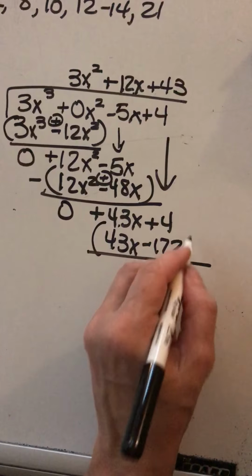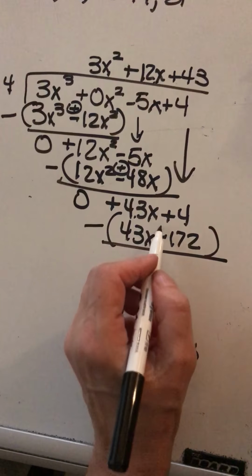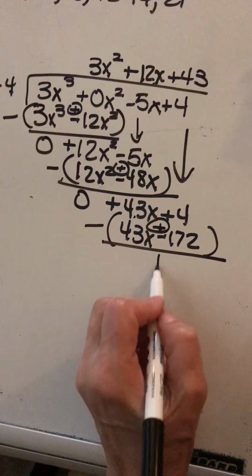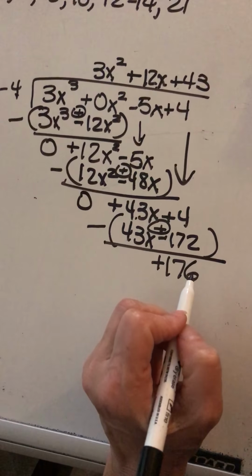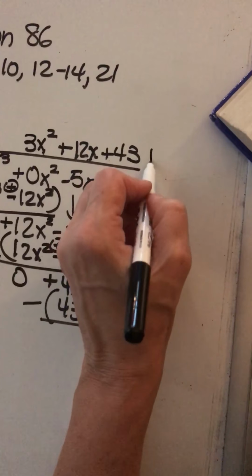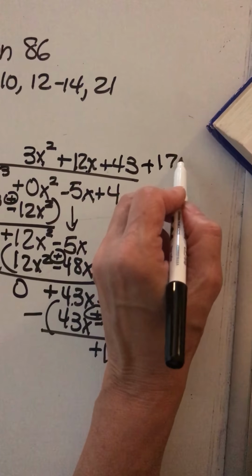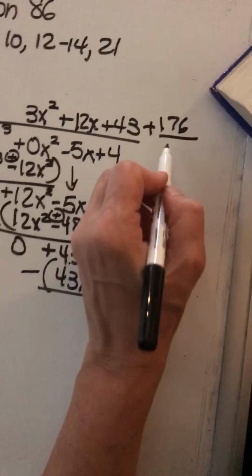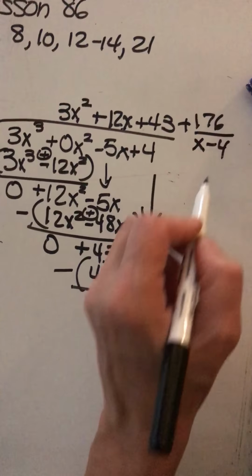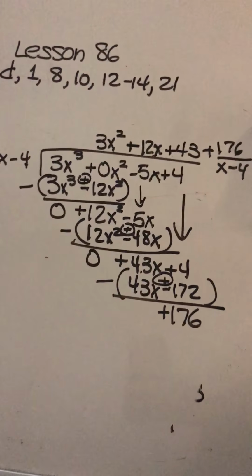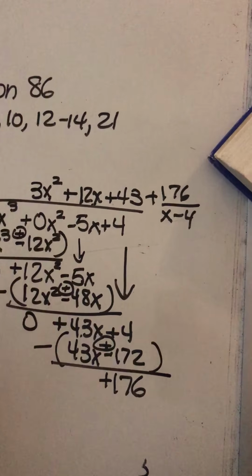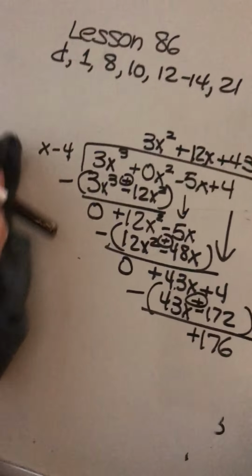I subtract. Minus a negative is a positive. I'm left with positive 176. That's this 172 plus 4. I write it as a remainder. Plus 176 over x minus 4. That's my answer. Now, number 8 is also dividing.